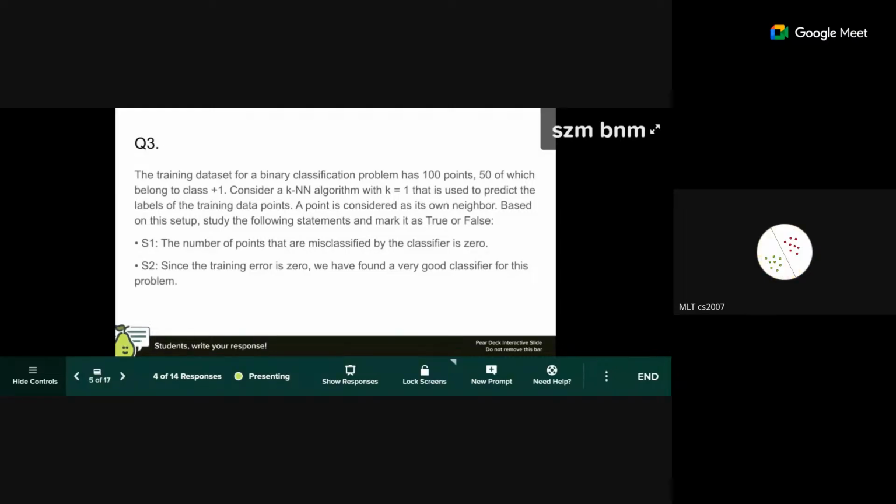The point is considered as its own neighbor. Of course, it is not used in practice, that's what I'm saying. When you really apply this, everybody is correctly classified, every point is a correct point.